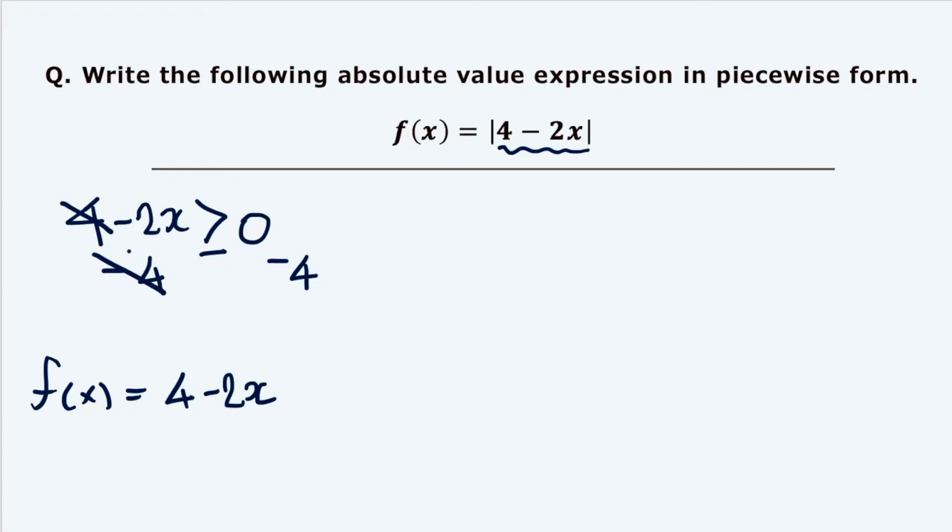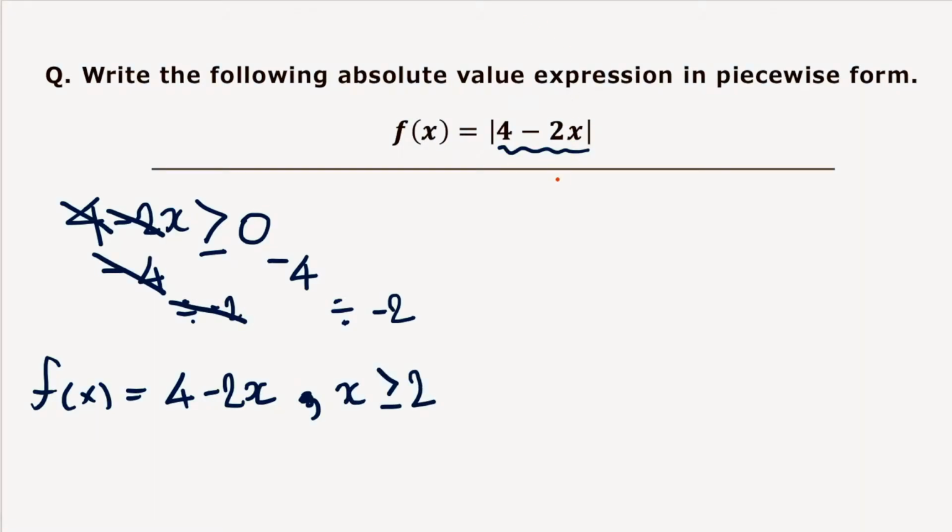And then we don't want the negative 2 in front of x, so divide it by negative 2. That will get rid of the negative 2. And here, negative divided by negative will give you positive, and 4 divided by 2 is 2. So this whole thing will become when x is greater than or equal to 2.